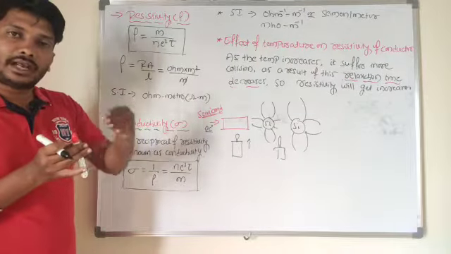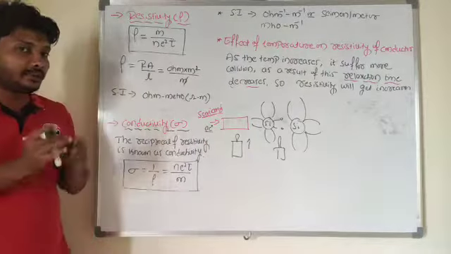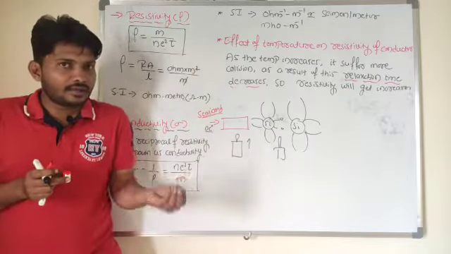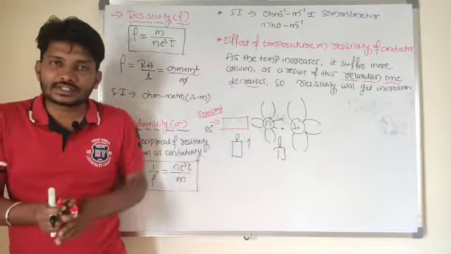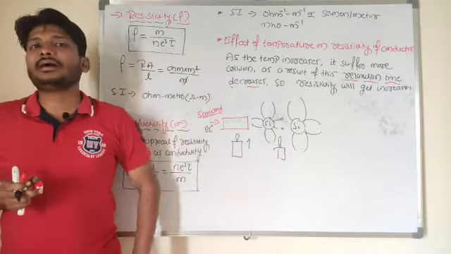As a result of the breakage of the covalent bond, free electrons are generated. Remember, in a conductor, free electrons are already there. Whatever temperature you provide is received by the free electrons, and those free electrons move in random directions.